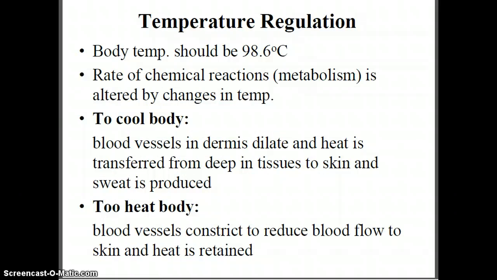If you are cold, our blood vessels will constrict and reduce blood flow to conserve heat. If you are hot, your blood vessels will dilate to allow blood flow and therefore cool the body. Therefore, you may appear, or parts of your body may appear red when you are overheated. Parts of your body may appear bluish when you are cold because of lack of blood flow.